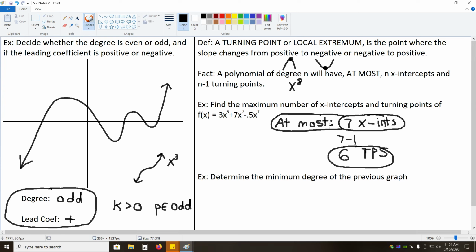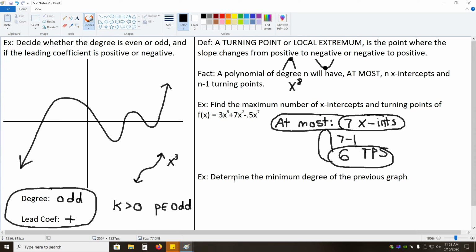I'm just going to circle this, and it's important to note that the at most goes with both of these. At most 7 x-intercepts and at most 6 turning points. I apologize for the circling here, I just ran out of room.